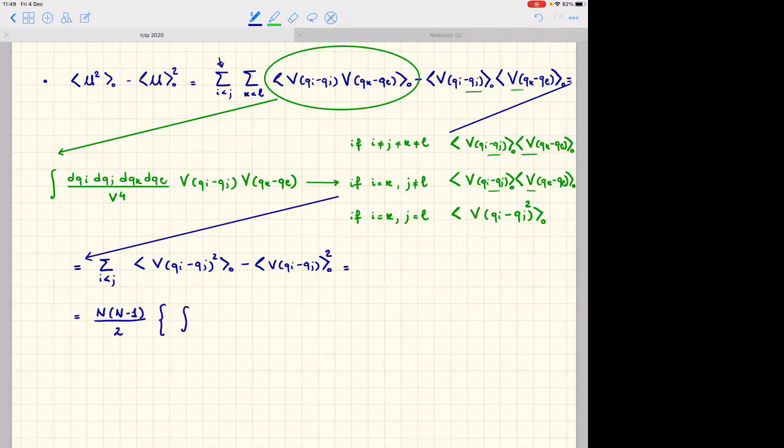And then you will have the integral dq over V of q squared minus the integral dq over V of q, everything squared. All right?